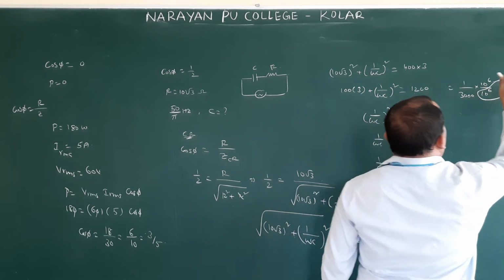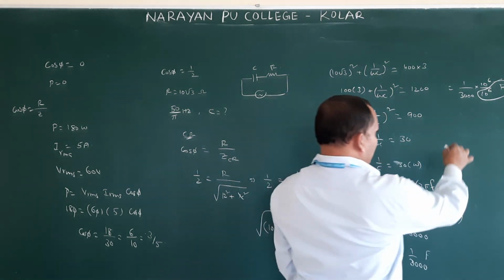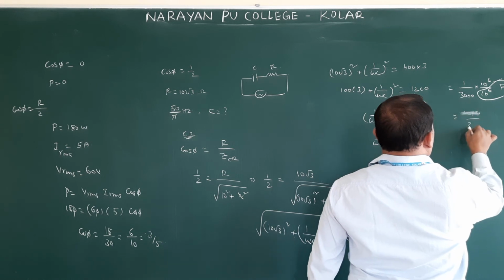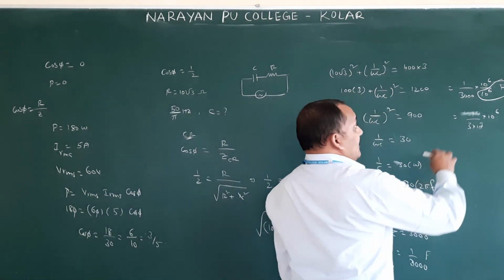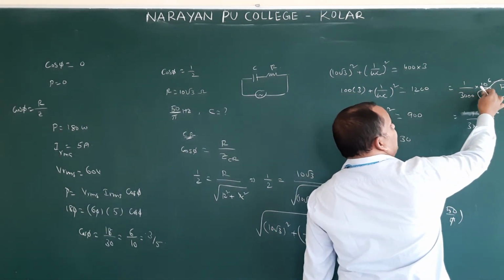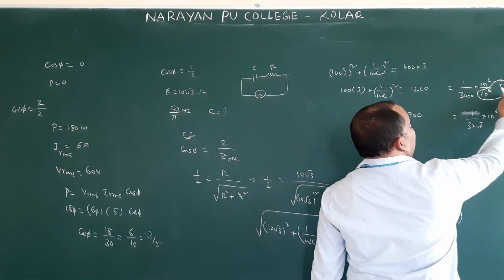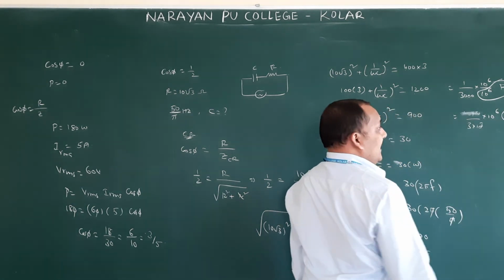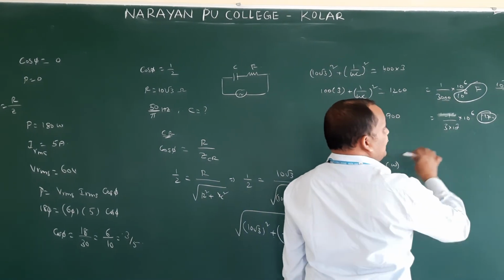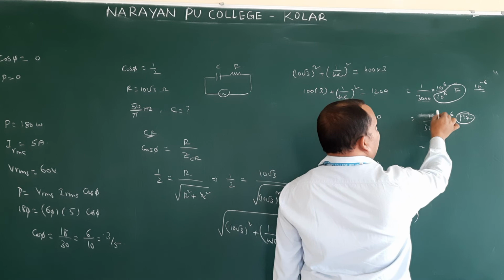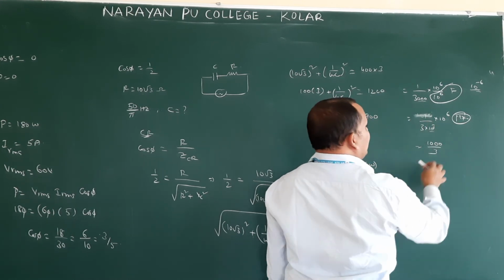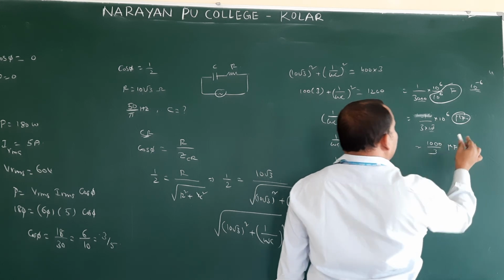The 10 power 6 goes to the numerator as 10 power minus 6, which is nothing but microfarad. Here 3000 is 3 into 10 cube, and this 10 cube goes to the numerator: 6 minus 3. So 1000 by 3 microfarad.